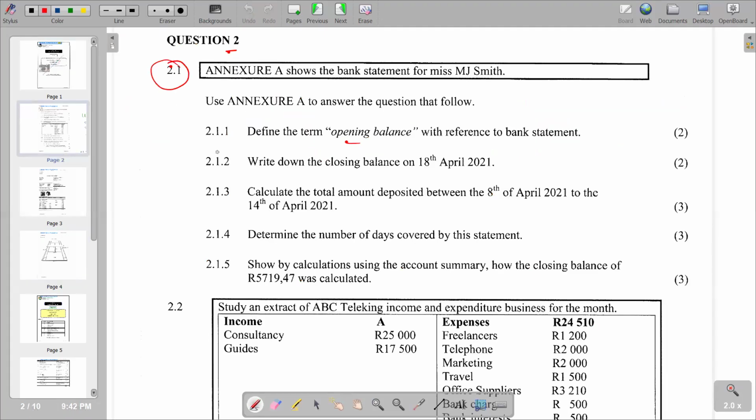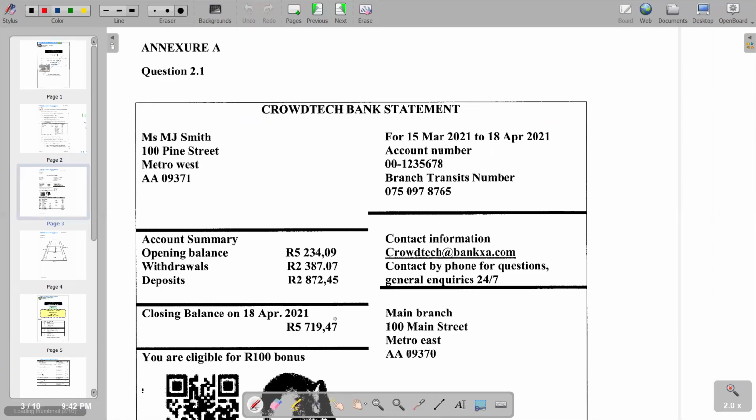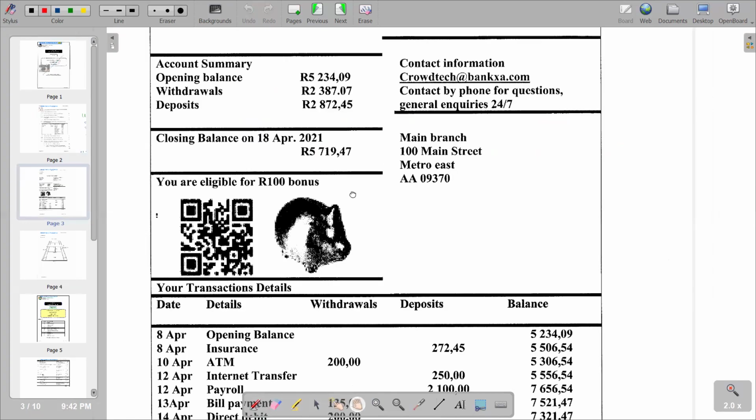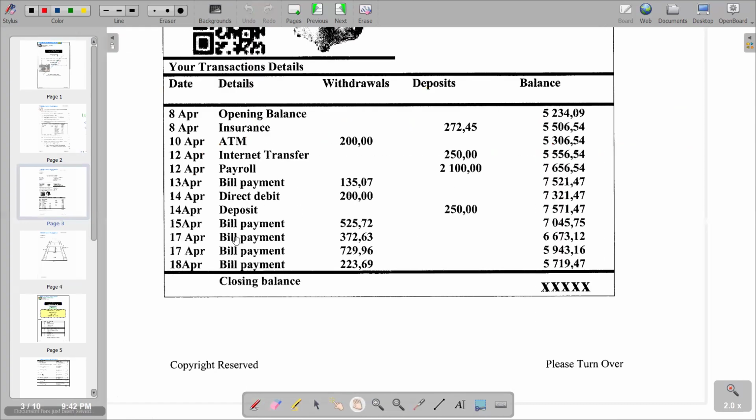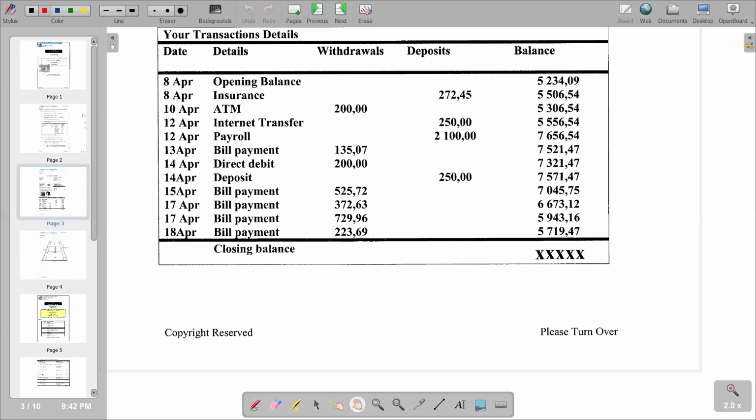So we go to the second part of our question, which says: write down the closing balance on 18th April 2021. We can just refer back to our statement and go to 18th April 2021 and see what balance we have there as the closing balance. The balance is in the column for balances, which is the last balance that we have, 5,790 rands 47 cents.